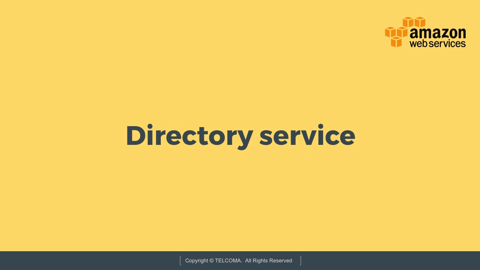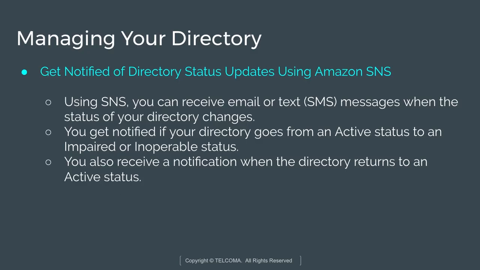Today in this class we are going to discuss how to manage your directory. So our topic is managing your directory. In managing your directory, we get notified of directory status updates with the help of the Amazon SNS service. SNS is Simple Notification Service.